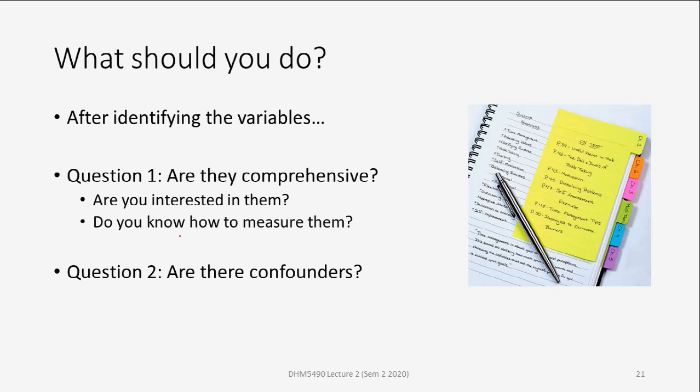And in the research hypothesis, I think you are able to locate the variables that the researchers are looking at. And then ask yourself, are they comprehensive? So are those variables enough to explain the change in the dependence variables? And are you interested in them?